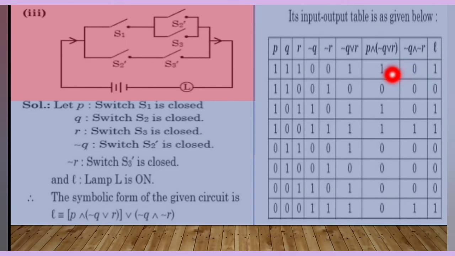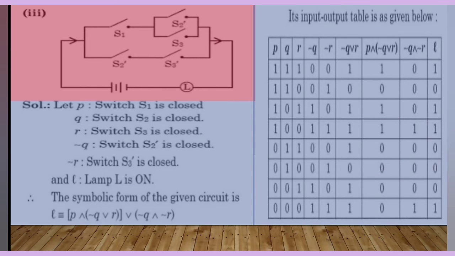Disjunction means OR. 0 or 0 is 0. 1 or 0 is 1. 1 or 1 is 1. 0 or 0 is 0. Again 0 or 0 is 0. Write its truth value.